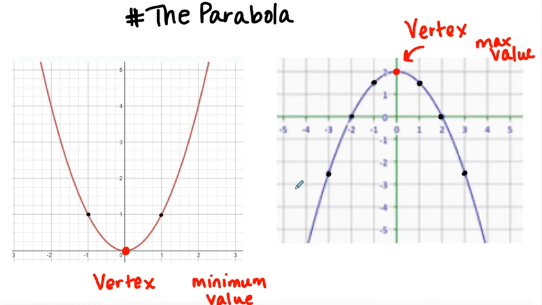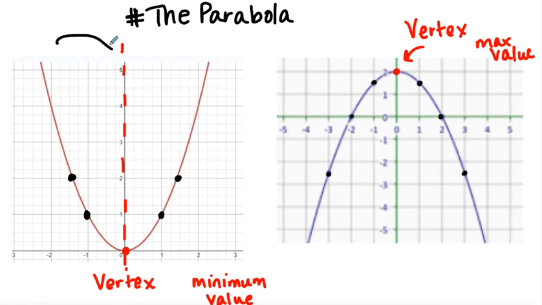All right, it also has some other features that we want to be able to look at. If we put a pretend mirror going right down the middle, then we can see clearly that it has symmetry from that line. So every point on the left has a corresponding reflection point on the right.